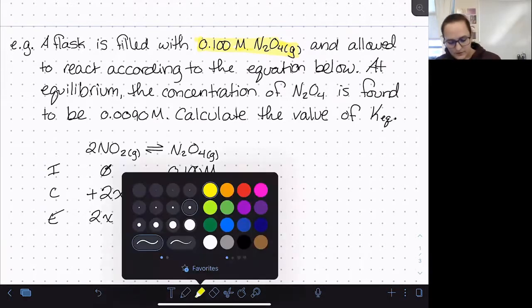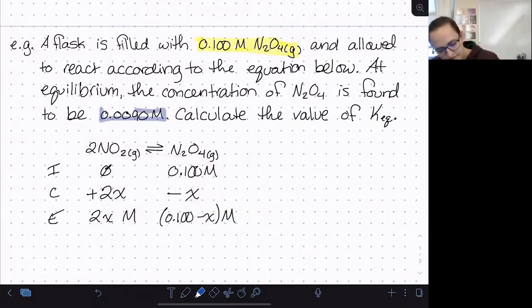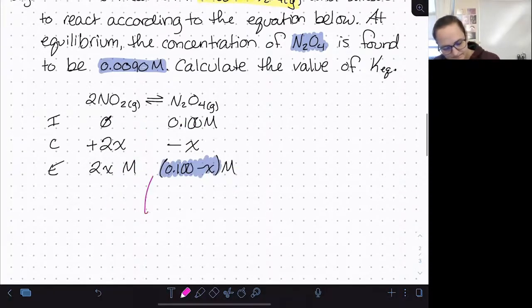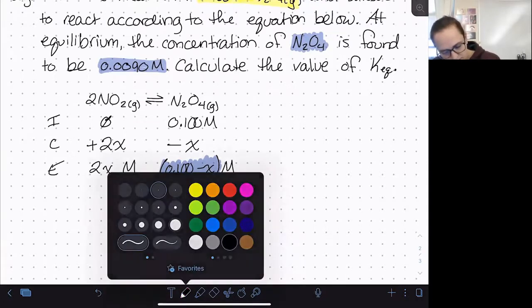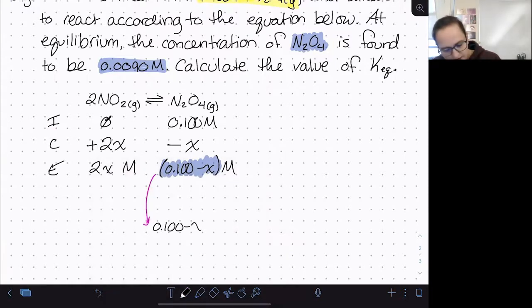So now we are told that at equilibrium, we have 0.0090 molar N2O4 remaining. So that is telling us the value of this expression. So that tells us that 0.1 minus x is equal to 0.009, which means that x is equal to 0.091.